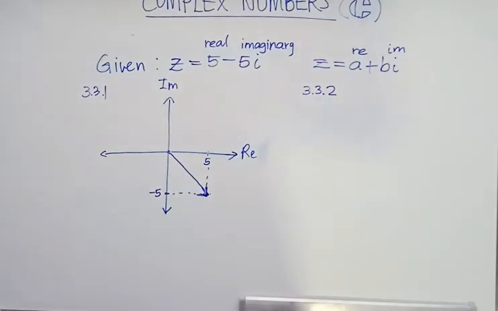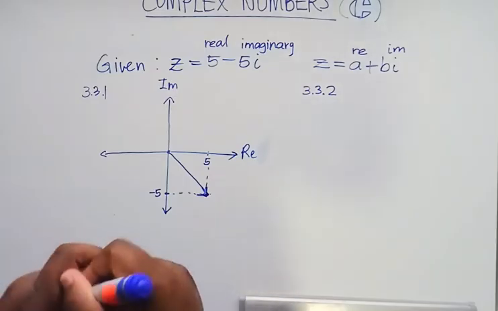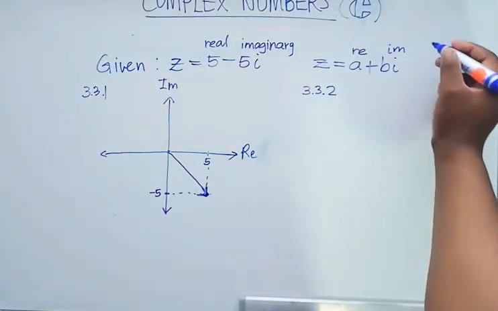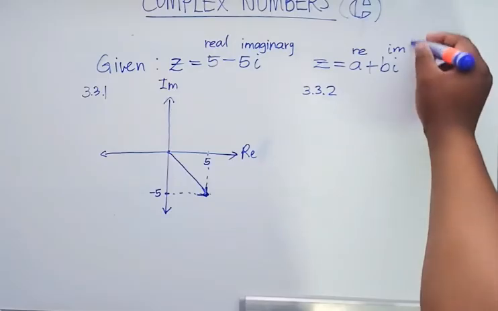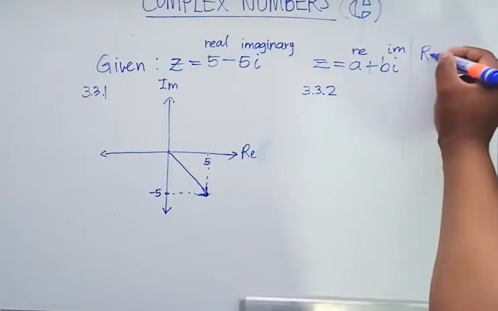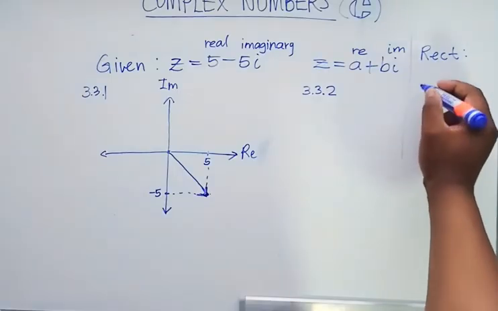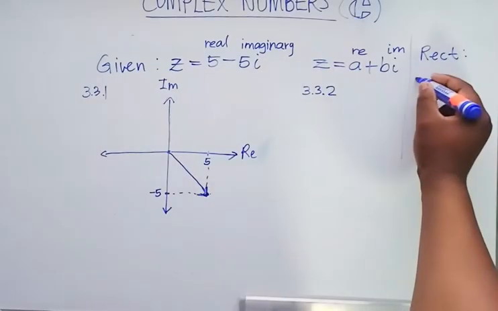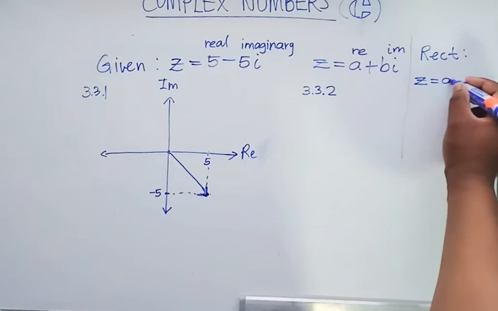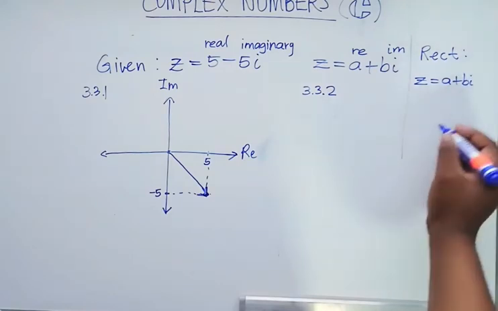3.3.2, they say we should express the complex number z in polar form. So when we started, we said typically your rectangular form, I'll just write rect, is this form here, z equals a plus bi.